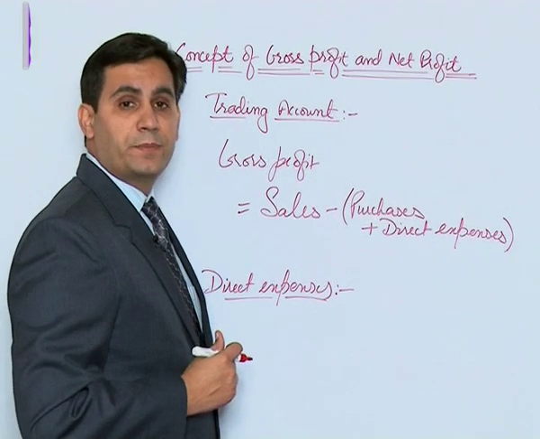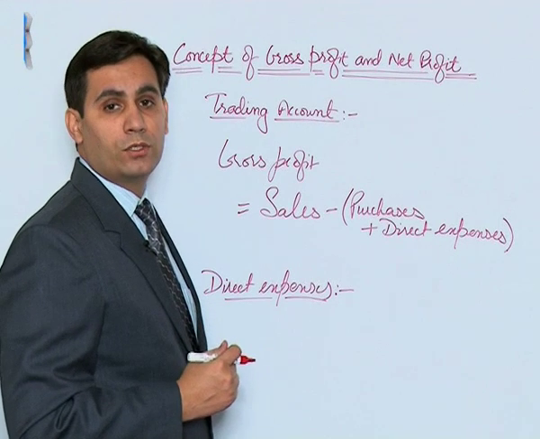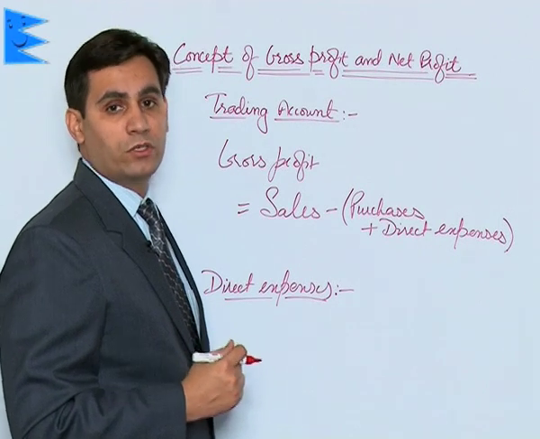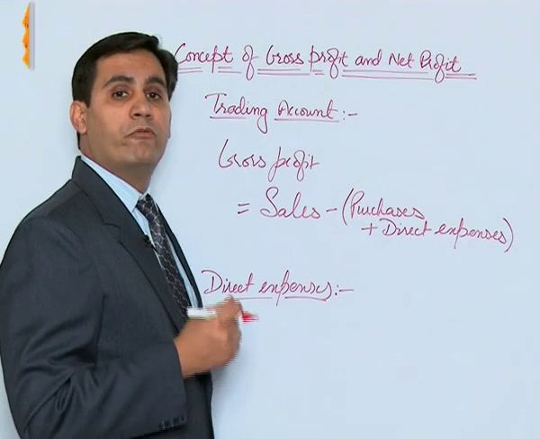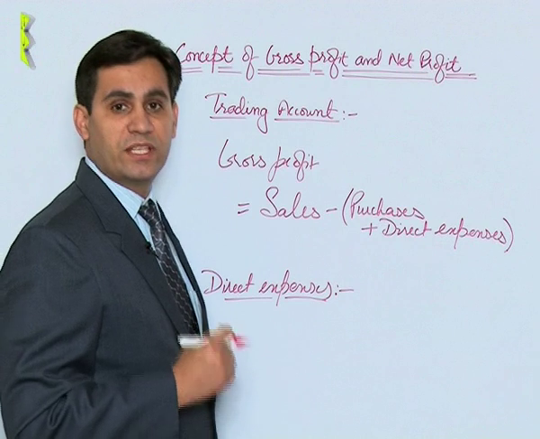Students, direct expenses are those expenses which are directly related to the cost of production of a good or which are related to bringing a product to the point of sales.